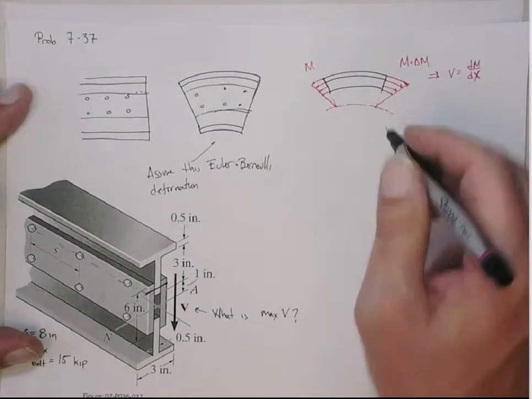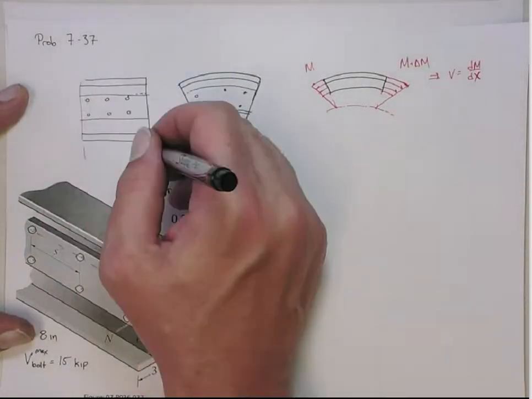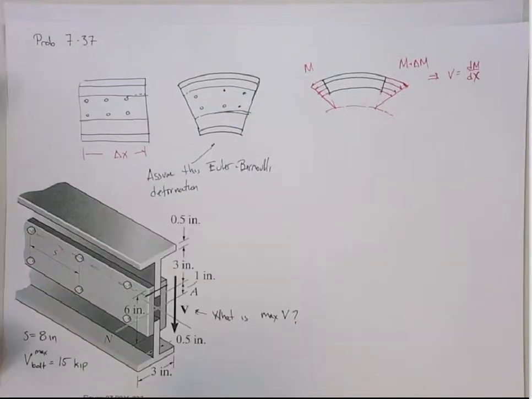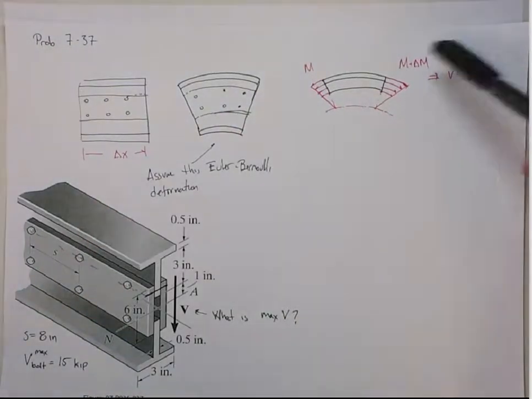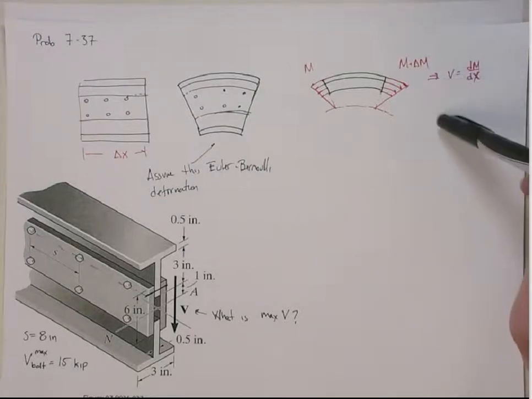This is delta x. All right, so this Q is what gives me the V. That was the whole argument we did in the derivation of the transverse shear stress equation.